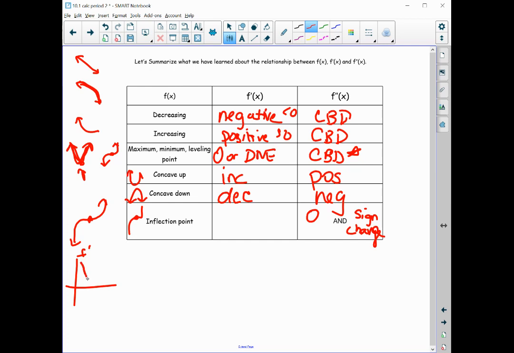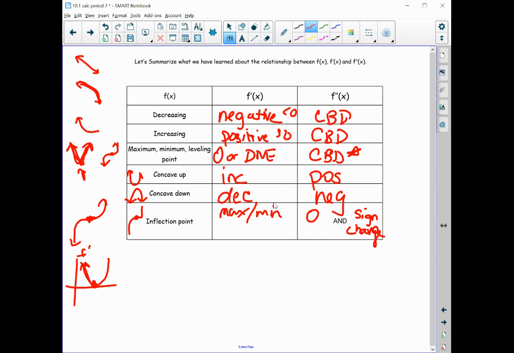So I'm decreasing, and then I hit this inflection point where the slope hits 0 because it flattens out. And then I'm still increasing, so I'm still positive, but now they're getting higher and increasing again. So if you look at what this creates, it creates a minimum. So inflection points on f of x are maxes and mins on f prime of x, okay?